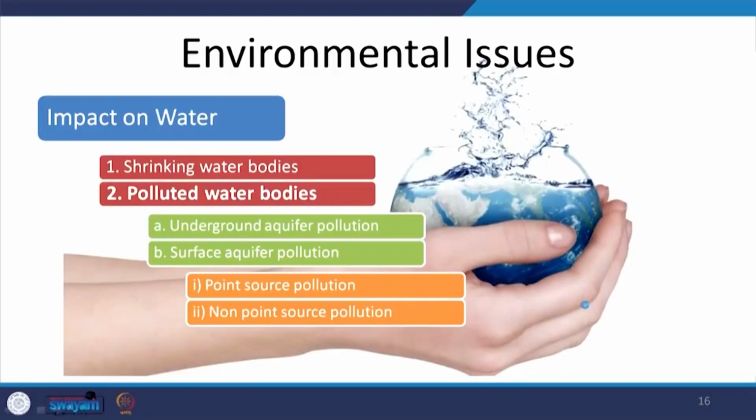The second impact on water has been through pollution of water bodies. These water bodies are of two types, underground aquifer and surface water bodies, and pollution has reached both of them. Now, the pollution to these water bodies could be of two further types.